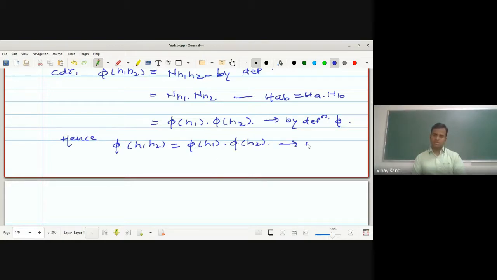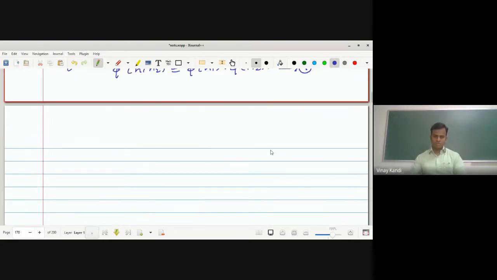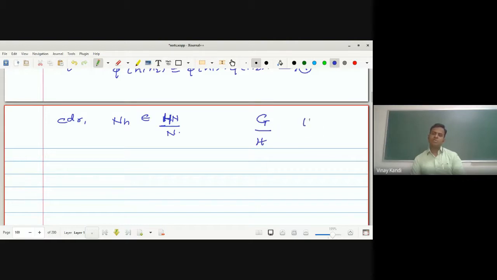Okay, now consider the second step. Consider Nh belonging to HN upon N. Every element of G by H is of what form? Na, where a belongs to G. Here it is Nh, where h belongs to HN. Any doubt? You can ask if you have any doubts.